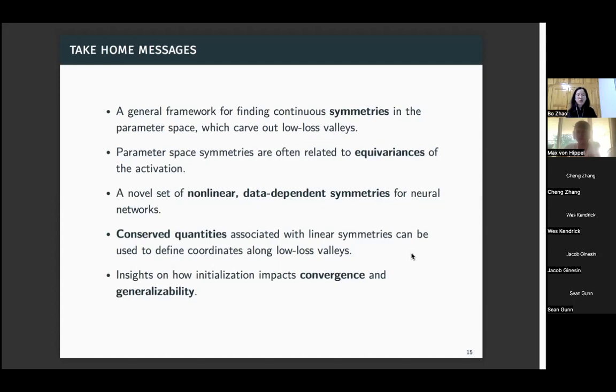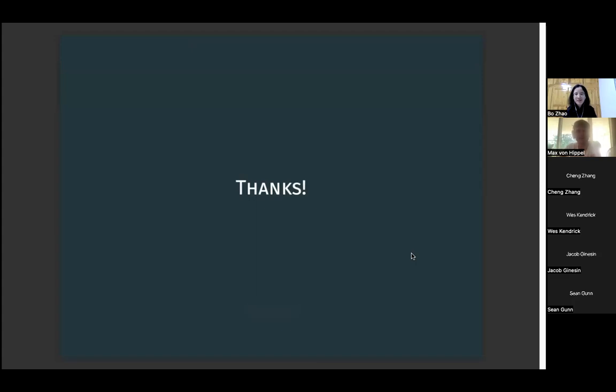And to make these symmetries more general, we define a set of nonlinear and data-dependent symmetries. From these symmetries, we can derive conserved quantities in gradient flows, and we show some applications for these conserved quantities. That's the end of my talk. So I will be open for questions.